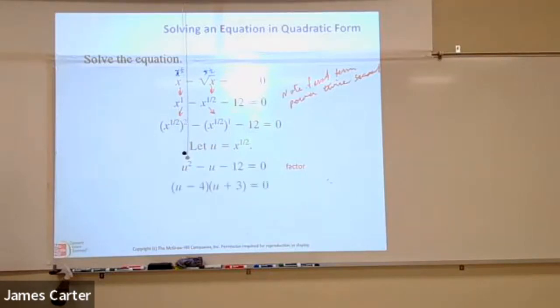We factor it. We get the two values. Now we replace the u's with the x to the 1/2. Now, I need to go on because this is going to scroll into the next page. So let me know when I can go.